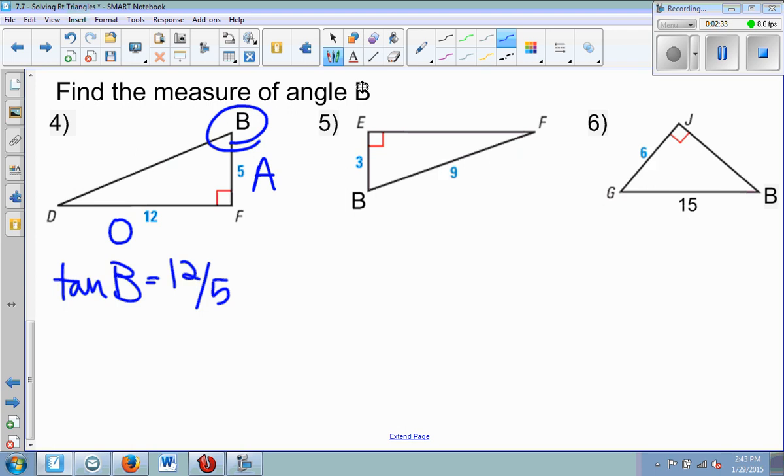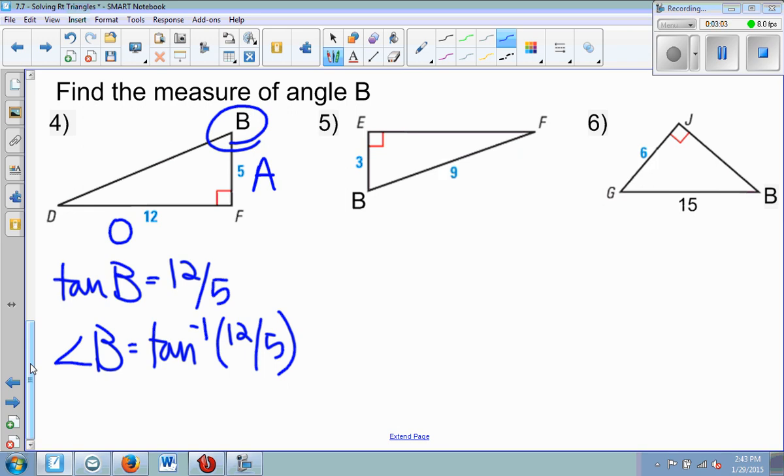Well, what we said earlier was that if we wanted to figure out what an angle measure was, we're going to use our inverse trig ratios in the calculator. So instead of typing in tan in the calculator, I'm going to type in tan inverse of 12/5. And what the calculator will do then is it will tell me exactly what the measurement of angle B is.